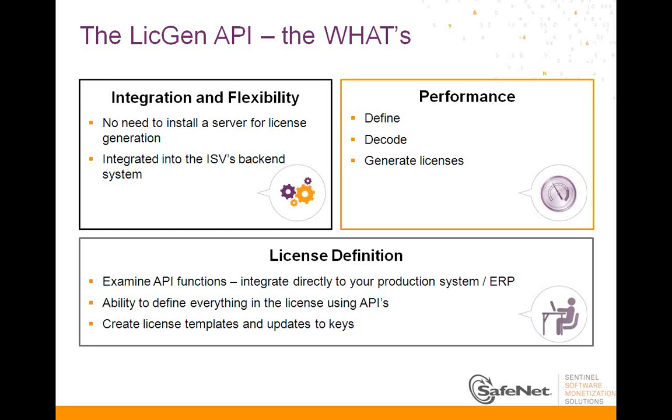For sites that already have a licensing infrastructure in place, or that prefer to implement an alternative to Sentinel EMS, Sentinel LDK offers a standalone licensing solution called License Generator API, or we also call it LeakGen API. It also provides the functionality required to generate and maintain Sentinel protection keys, but without any of the back office services that are provided by Sentinel EMS. All the required services are provided by the system in place. It is all up to how complex or simple you choose to implement it.